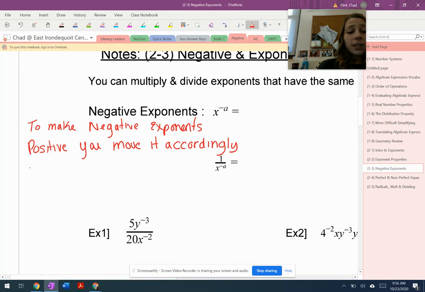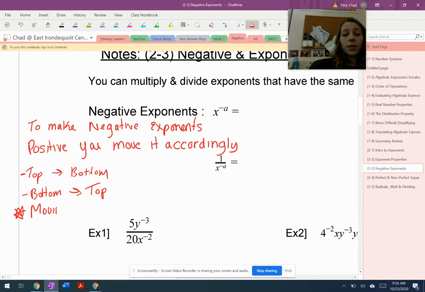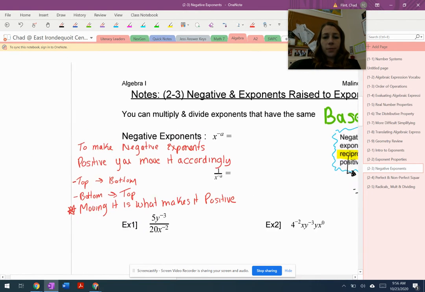Which means if it is negative on the top, then it would move to the bottom. And if it's negative on the bottom, that would move to the top. Moving it is what makes it positive.